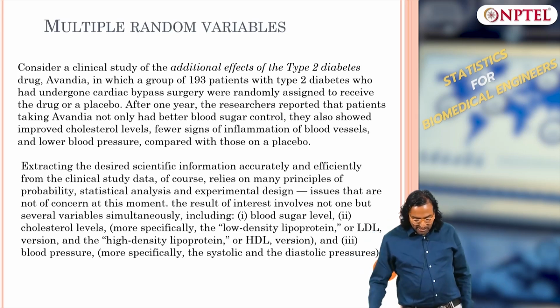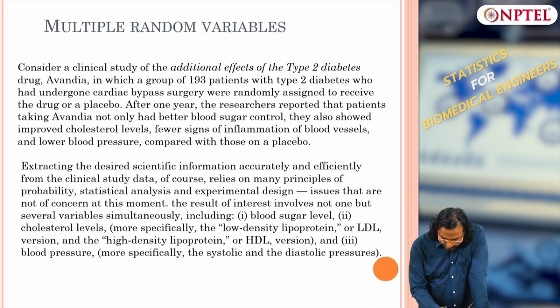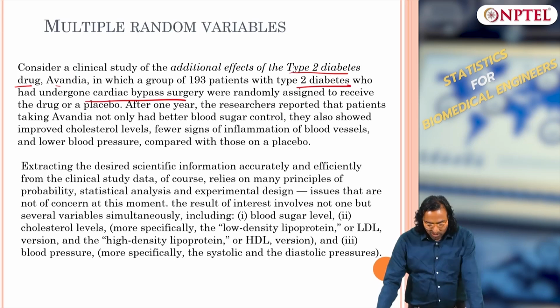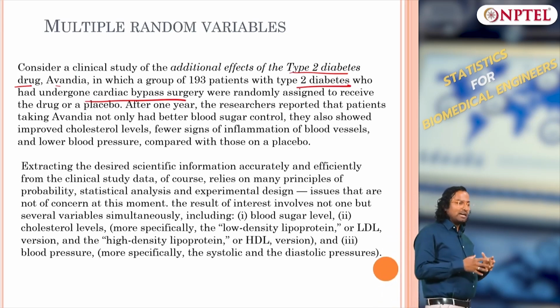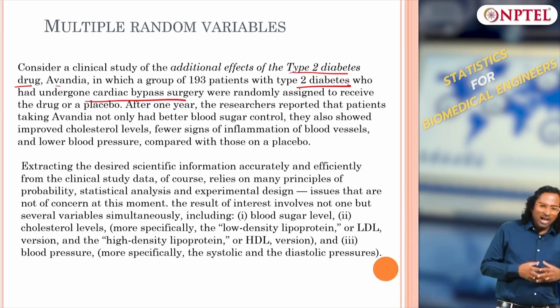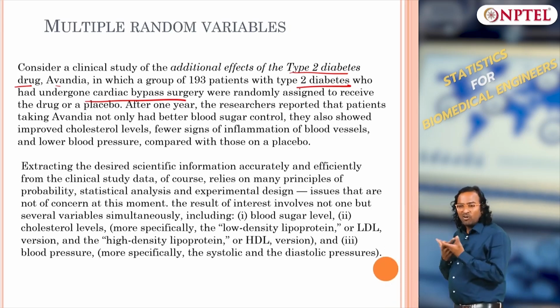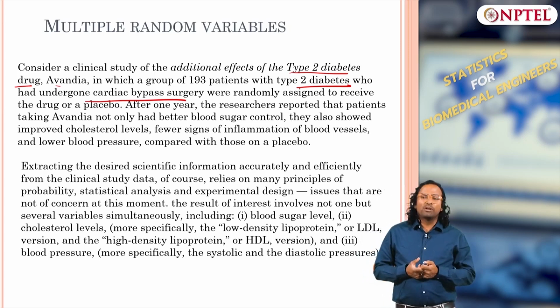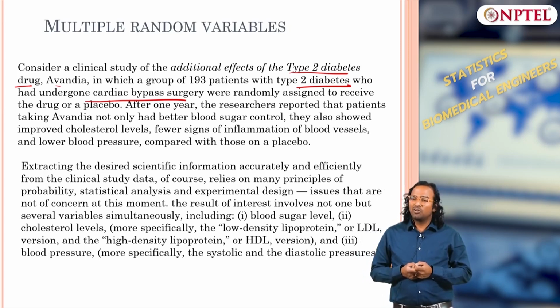So in this case, additional effects of the type 2 diabetes drug, in patients with type 2 diabetes who have undergone cardiac surgery, okay. So when you talk about drug effectiveness, or even a simple disease or disorder, there are simply going to be too many variables influencing your output.